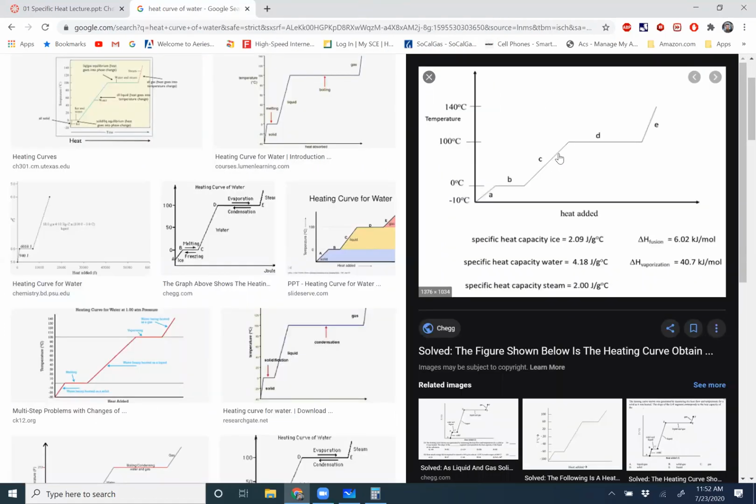Chegg. And then plus another Q equals Cm delta T plus the heat of fusion plus the heat of vaporization, and then multiply that by the final change. Now, you'll notice in this picture, it gives you the heat of fusion in kilojoules per mole, and it gives you the heat of vaporization in kilojoules per mole.